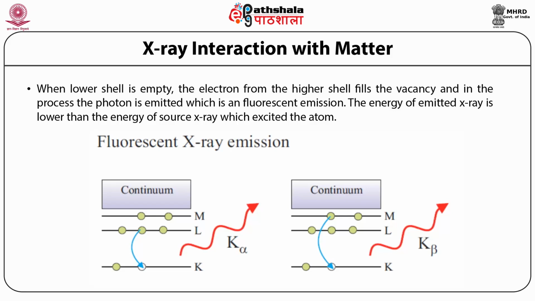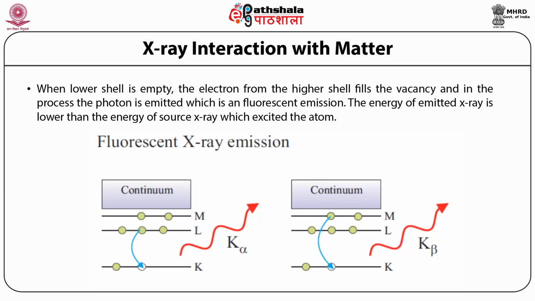Now you can see that in this process there can be transfer of electrons from the L shell, and from higher shells. Depending on that, there will be a particular energy of this fluorescent radiation, and you can understand that the energy of this fluorescent radiation has to be smaller than the incident X-ray, because the incident X-ray comes and takes out the strongly bound electron from the K shell, and the electron which jumps to fill it up is also a bound electron in a higher orbit.